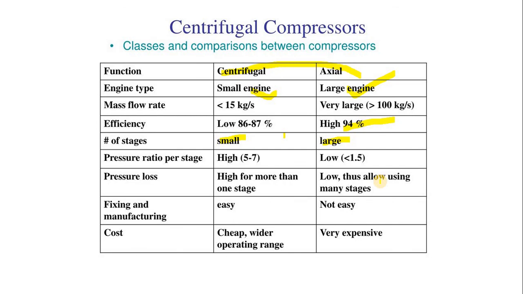Fixing and manufacturing is easy in the centrifugal compressor, but a little bit complicated in the axial flow compressor. The cost is cheap for the centrifugal, and a little bit expensive for the axial, as compared with the centrifugal compressor.